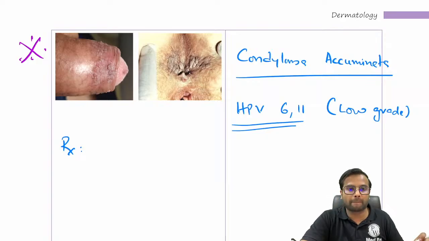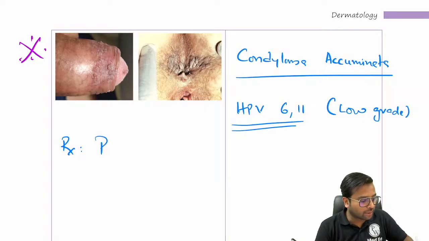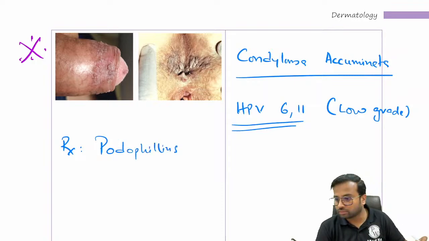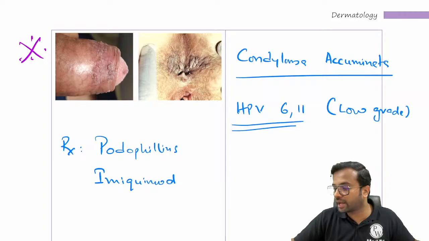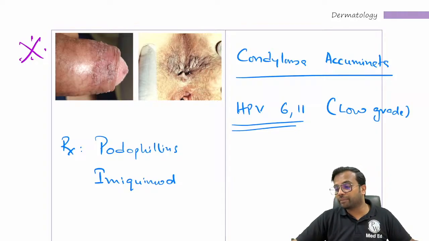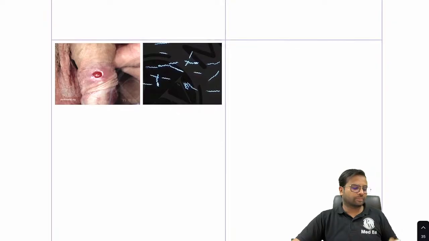There are two names that I would like to hear from you when it comes to the treatment. One is podophyllin, the other one is imiquimod. Podophyllin and imiquimod are used in the treatment of condyloma acuminata.